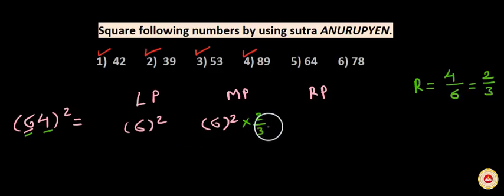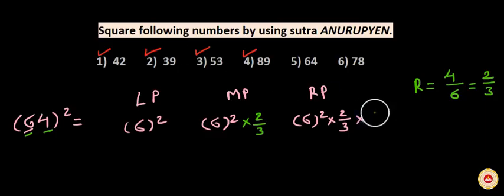What is the right part? Middle part multiplied by this ratio. The value of the middle part is 6 square multiplied by 2 upon 3. Now multiply this value by the ratio 2 upon 3.